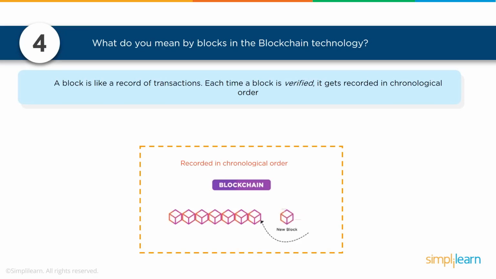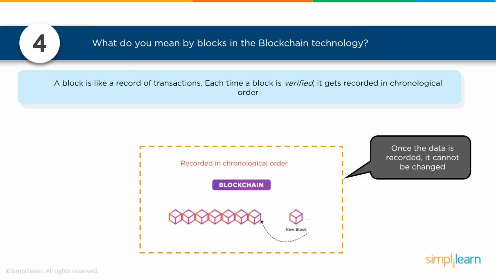A block is like a record of transactions. Each time a block is verified, it gets recorded in chronological order on the main blockchain. As represented here, every time a new block is verified, it gets added to the main blockchain with all those attributes populated. Once the data is recorded, it cannot be modified or changed.